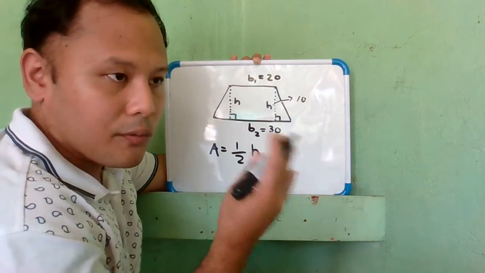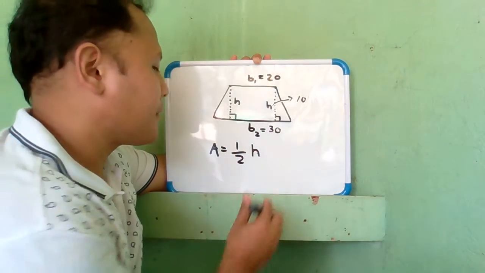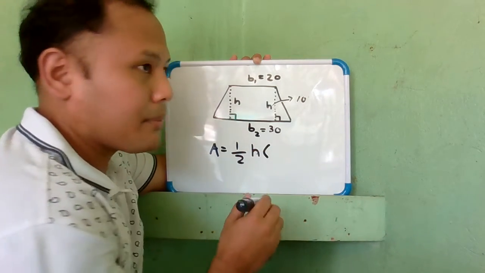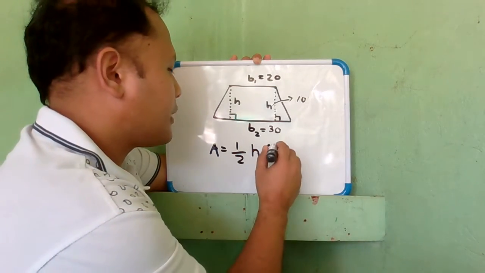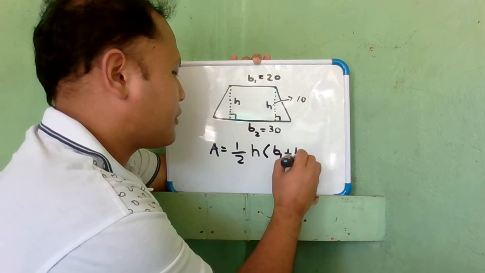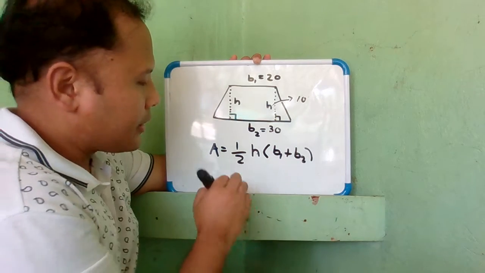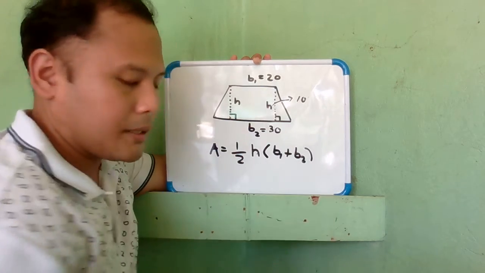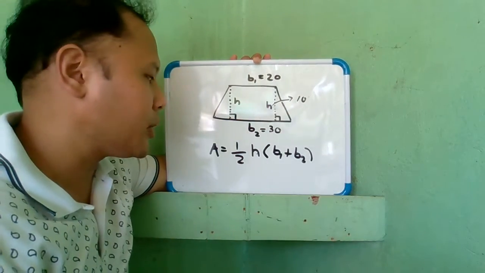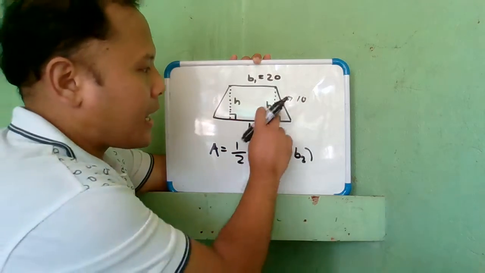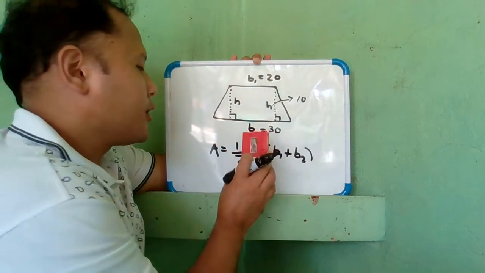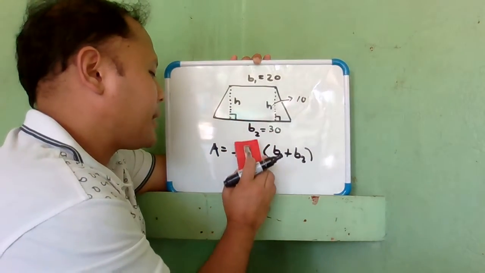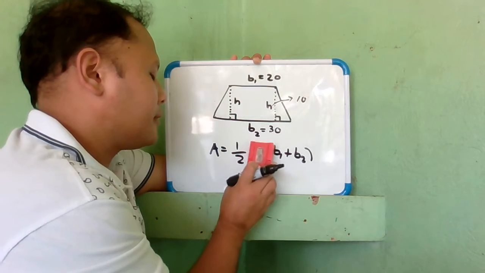I just apply the first form, the formula which I presented a while ago. And base 1 plus base 2. So remember that 1/2 is being multiplied to h, and h is being multiplied to this quantity. There are three factors that are being multiplied. Okay, since our height is 10, we can replace the height by 10.